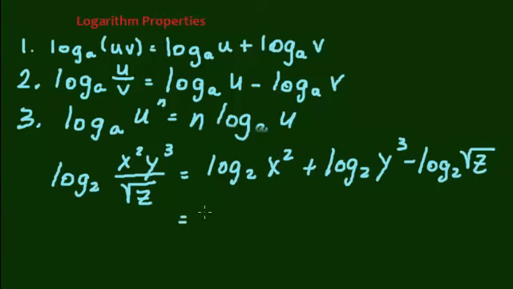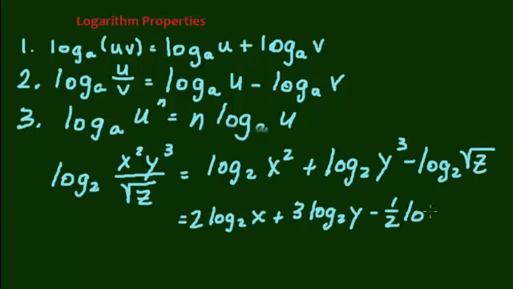So I'll use my power rule to bring my 2 out front. 2 log base 2 of x plus 3 log base 2 of y. And I'm going to use the fact that this is to the 1/2 power. Bring that out front, minus 1/2 log base 2 of z. Now I've expanded this.